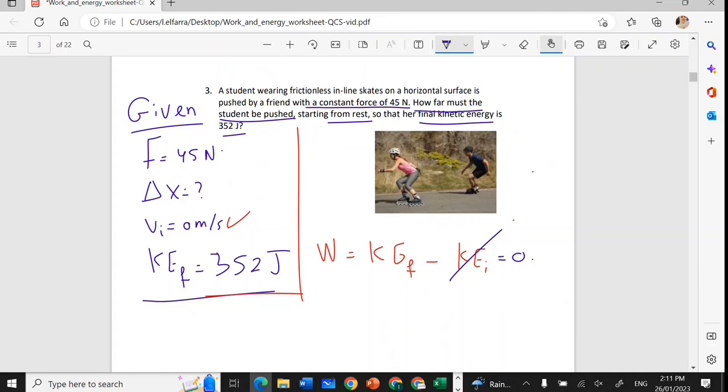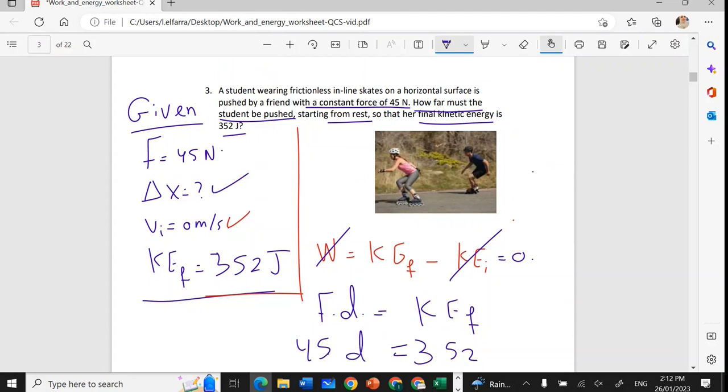Work is force times displacement, and both of them in the same direction, so it will be positive work. And this will equal the value of the kinetic energy final, which is 352 Joule. This will equal 45 times the displacement. The displacement, I need to find it out. So I need to find D or delta X.